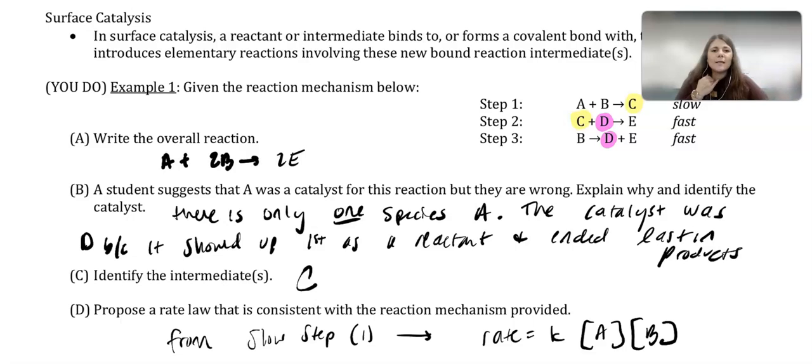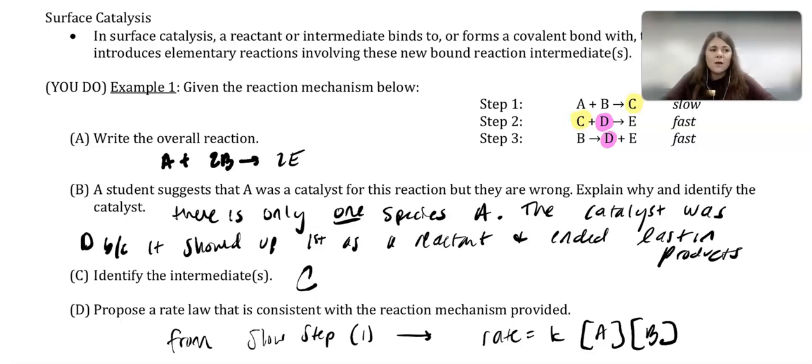So A cannot be the catalyst because nowhere else in the reaction did A pop up again. Okay, if A was a catalyst, it would need to have been found in the very last reaction's products. So A could not have been our catalyst. Now D actually will be our catalyst. Just because it didn't show up at first in the first step, it did show up first in step 2 as a reactant, but then later it was still the final product in the end.